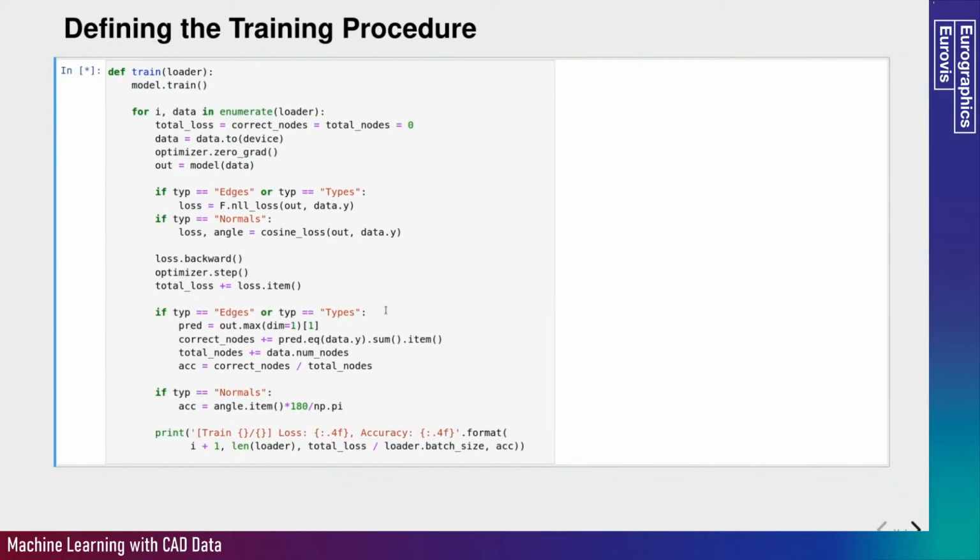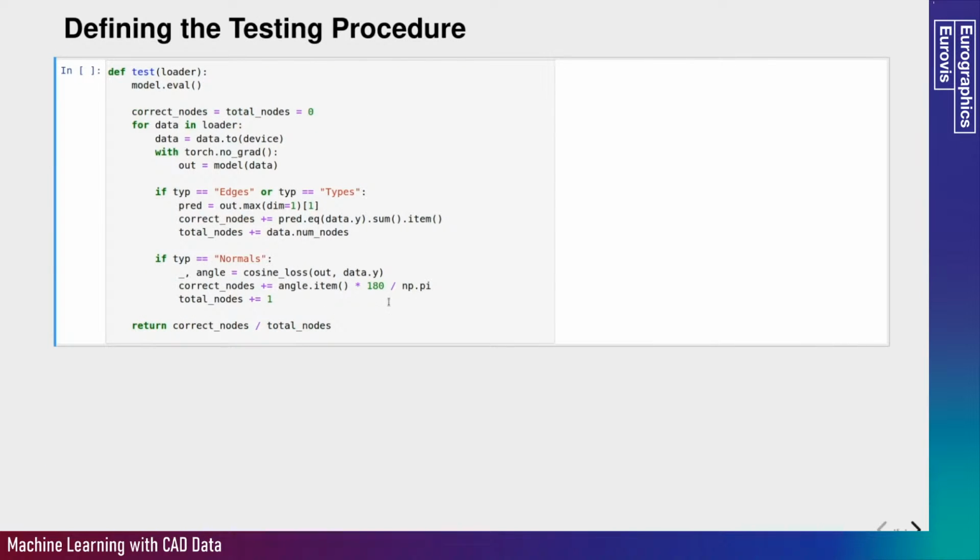Okay, let's run this code and do something similar for the testing procedure. It's just slightly different. So again, we define this function here. And here, instead of setting it to train, we need to set it to eval, so that none of the parameters of our networks are actually modified during this stage, and a few other things are happening there.